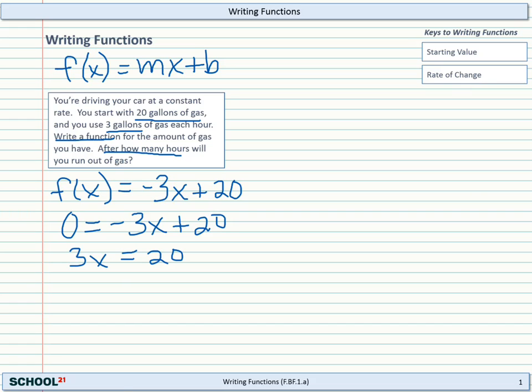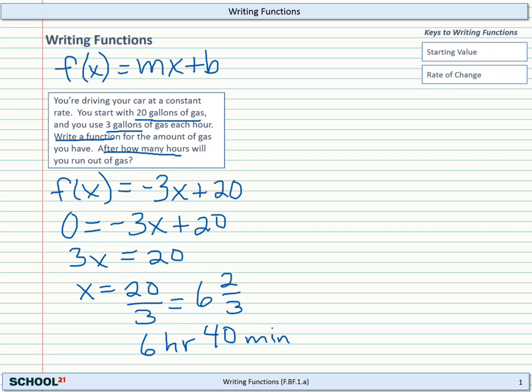And we can divide both sides by 3 to get x equals 20 thirds, which is the same as 6 2/3, which in hours is the same as 6 hours, and 2/3 of an hour is 40 minutes. So you'll run out of gas in 6 hours and 40 minutes if you don't stop to refill.